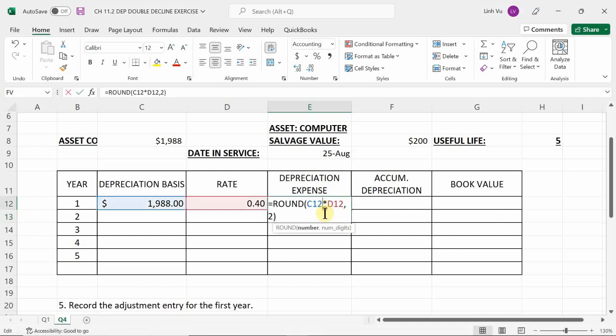So how much is your depreciation expense if your asset's only 4 months old? $662.66. You're not subtracting 33.